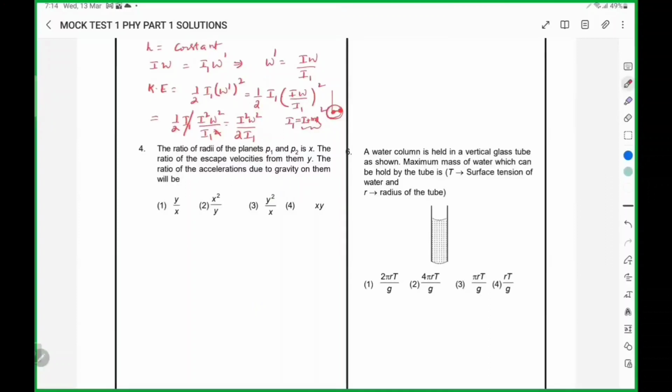So the ratio of accelerations due to gravity. So here it is, g is GM by r square. So here ratio of radius of the planet is given and escape velocity is given.